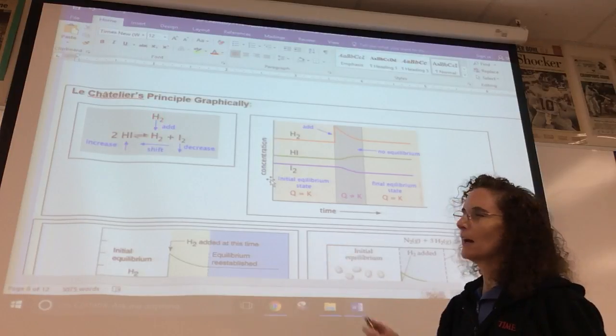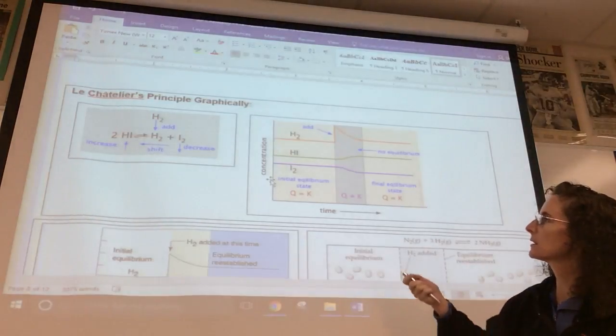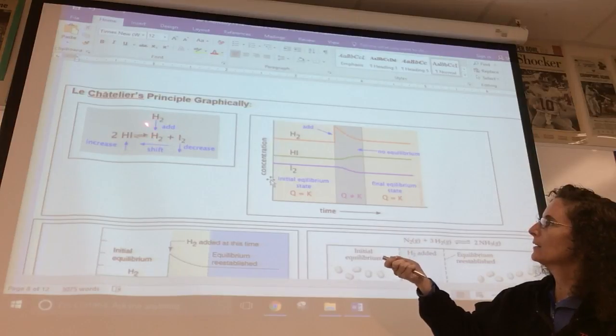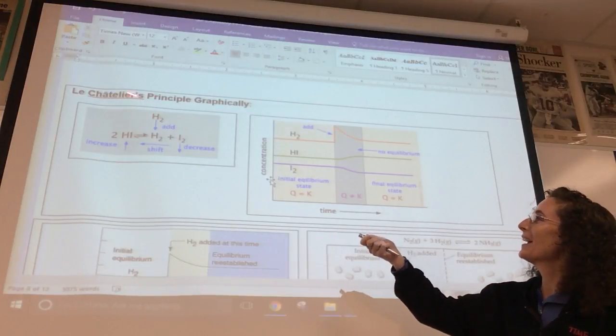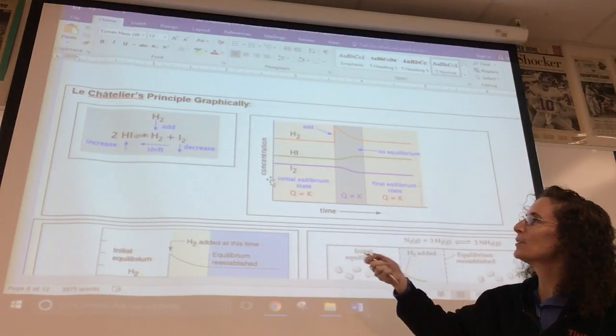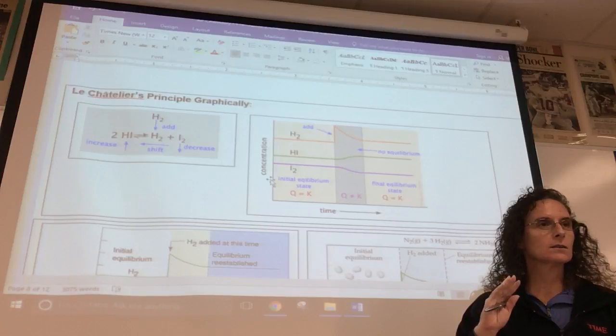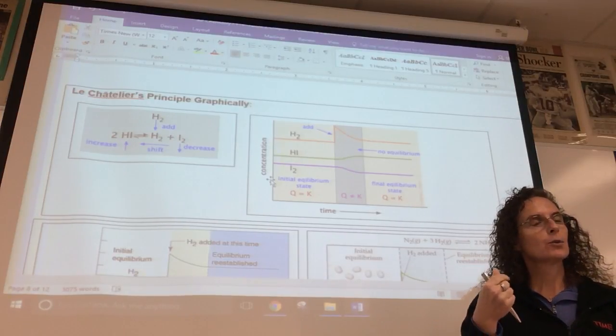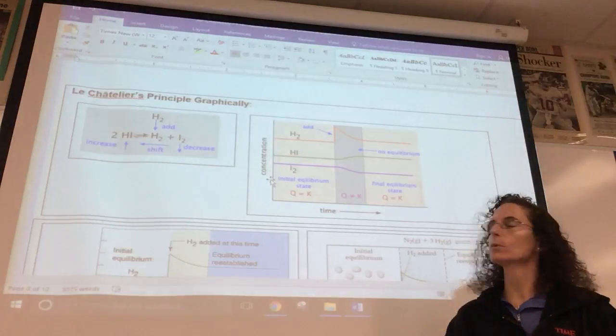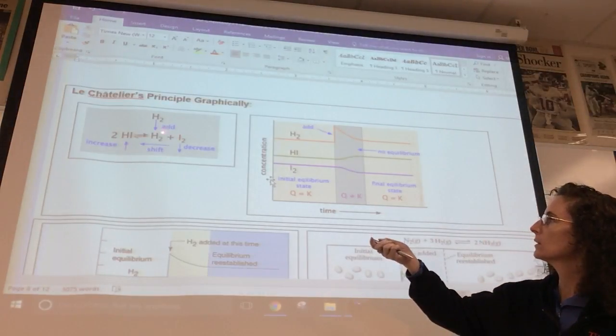I don't really like the down arrow. I think that's a little bit misleading. When you add hydrogen gas, equilibrium will shift in the reverse direction, or you can say the reaction will shift in the reverse direction.